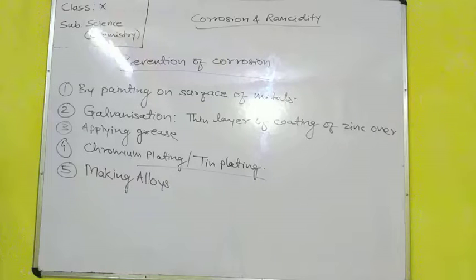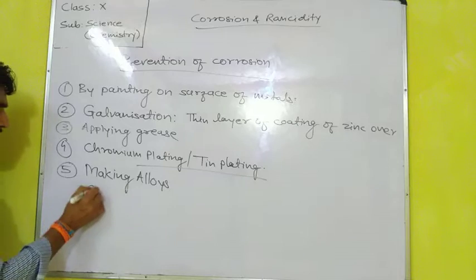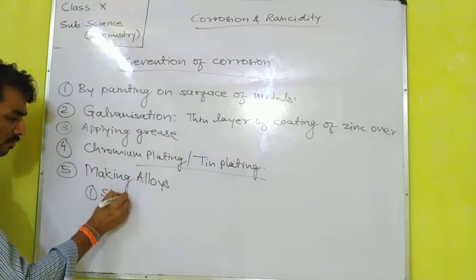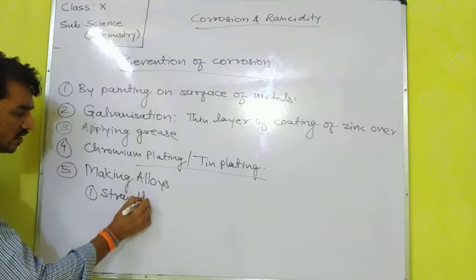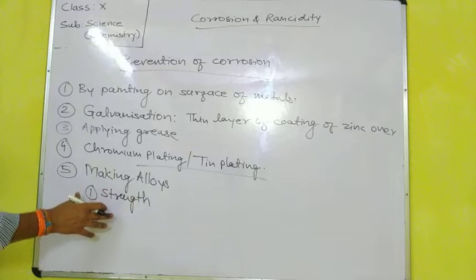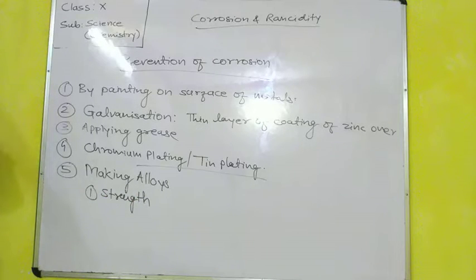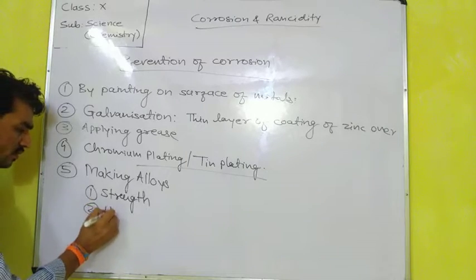And why is an alloy better than the metal? Because of its strength. First, on the basis of strength, it has greater strength as compared to the metal from which it is made. Second, it is non-corrosive.